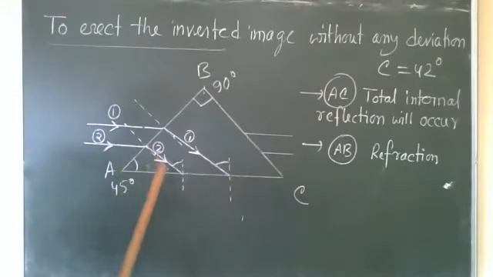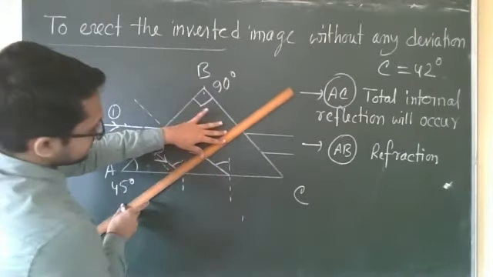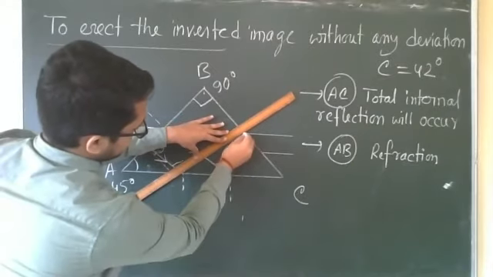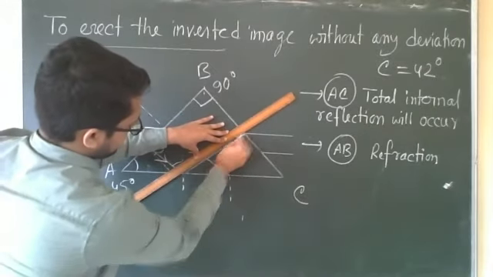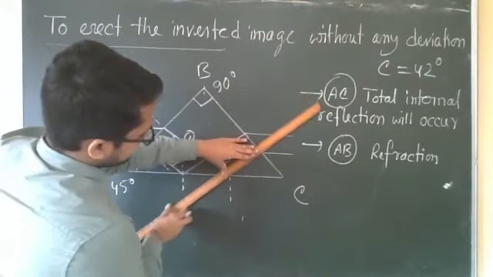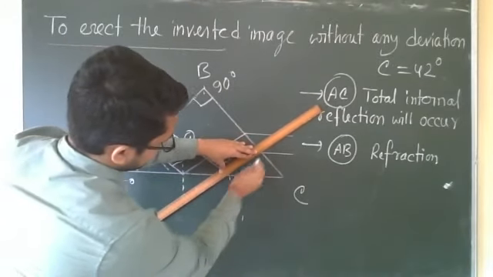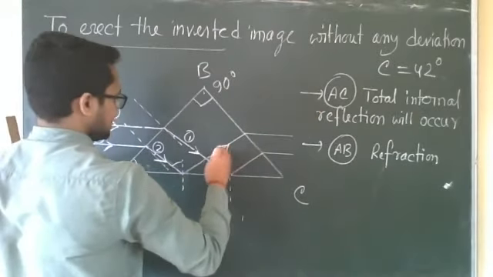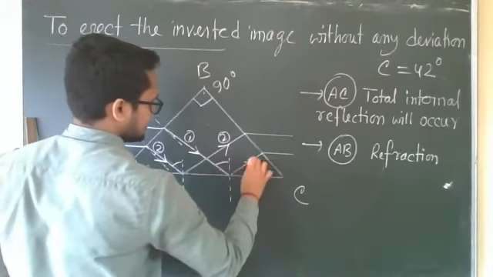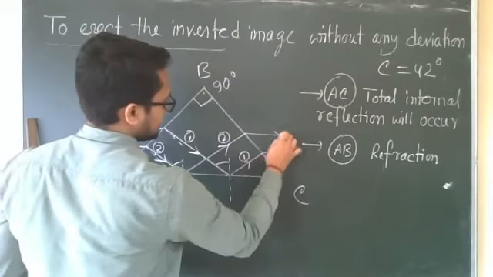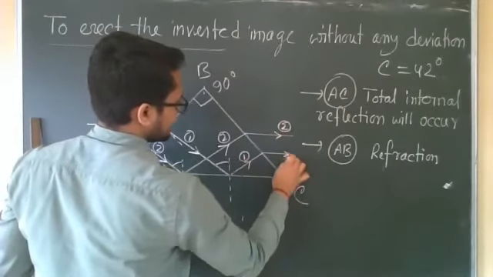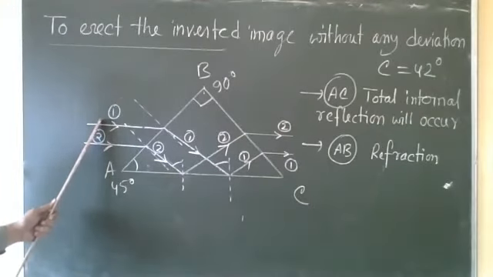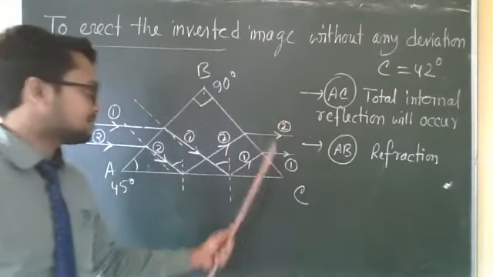Now the second ray will go up, and the first ray will go down. Now check: here it is first ray up above, second ray down. Here second ray above, first ray down.